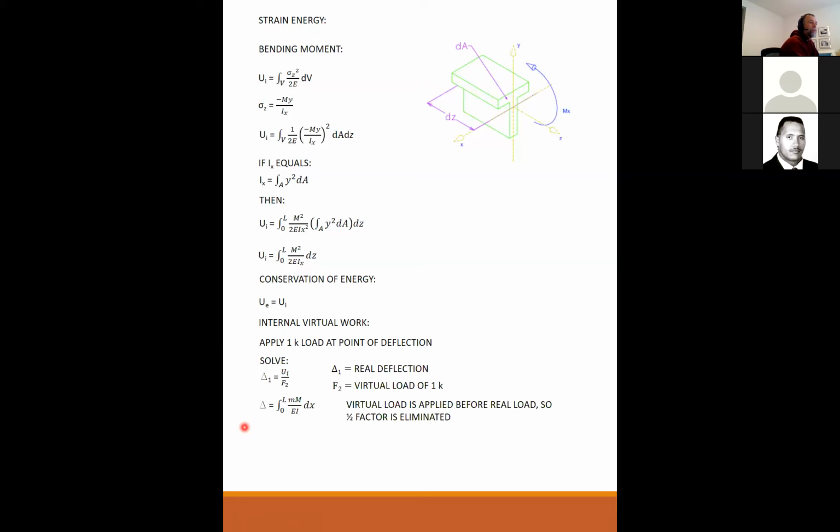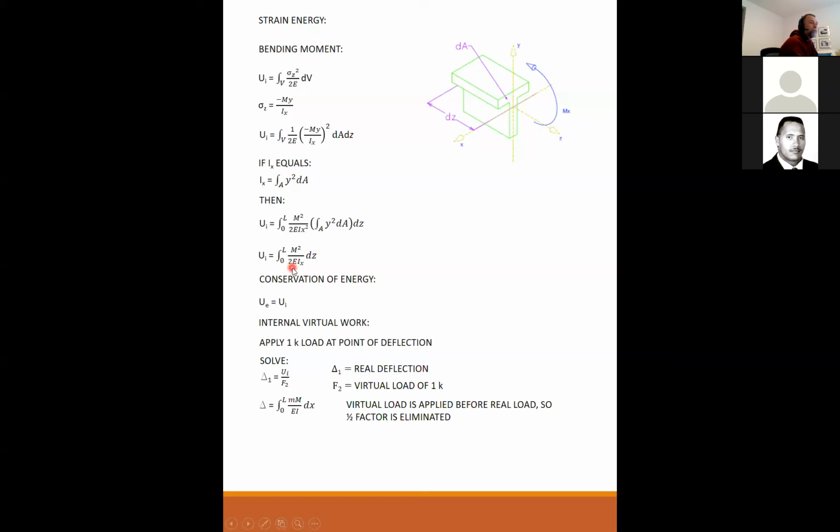If I go to this equation here, this is my energy. So I put my energy here into internal. My deflection is equal to my energy divided by my 1 kip load, which just divides out. And the virtual load is applied before the real load, so the half factor is eliminated.